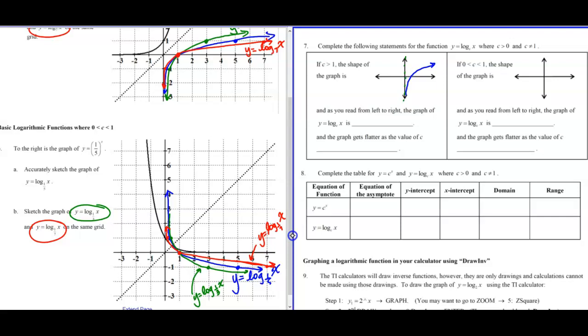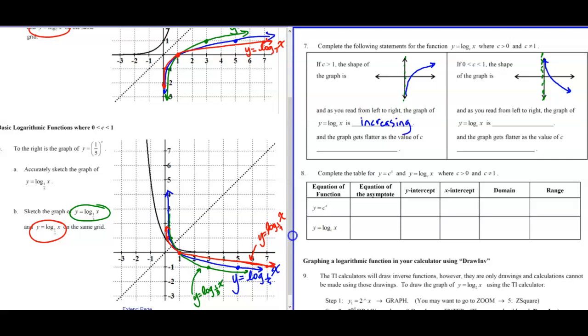If c is between 0 and 1, the asymptote is the y-axis. So do not cross over the y-axis. As you read from left to right, when c is greater than 1, the graph is increasing.